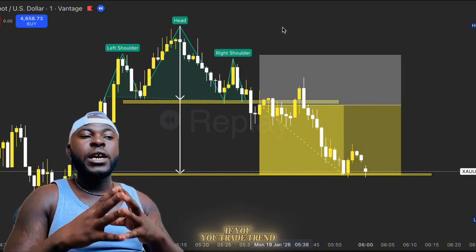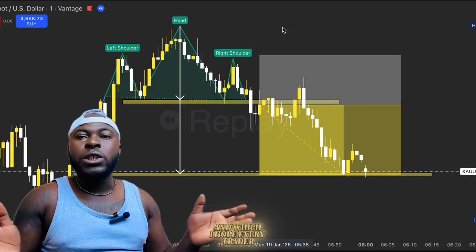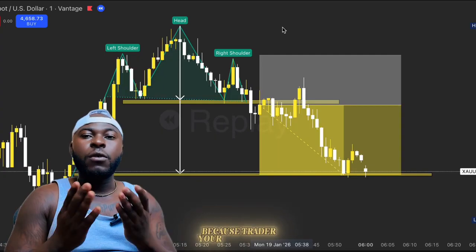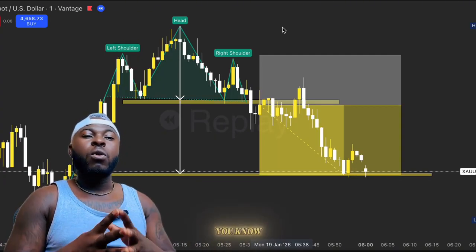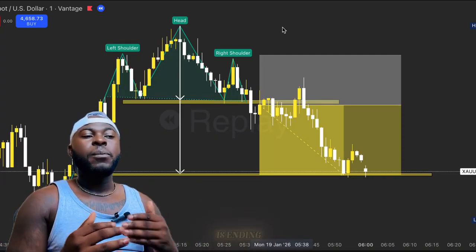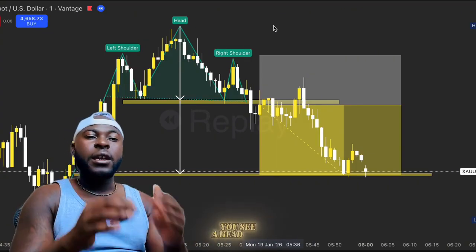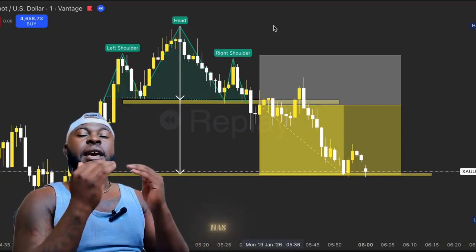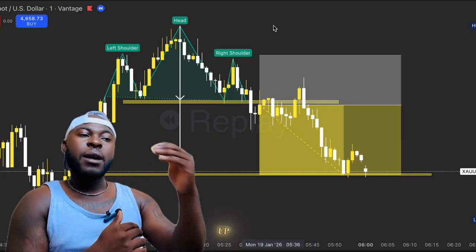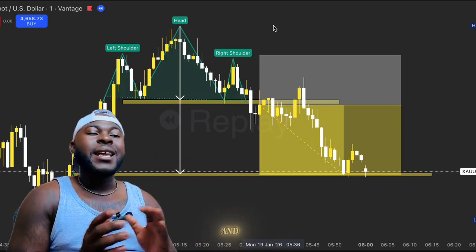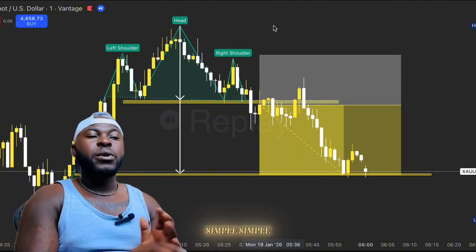If you trade trend, which I hope every trader does, because as a trader, your best friend should be the trend. You know when the trend is ending, and you know when the trend begins. Once you see a head and shoulders, that means the trend has changed direction from uptrend to downtrend, or from downtrend to uptrend. It's as simple as that.